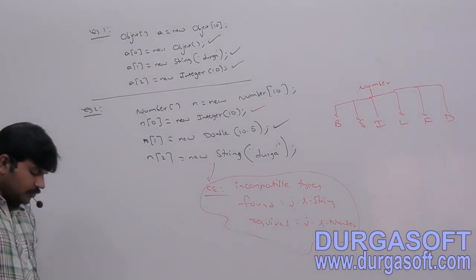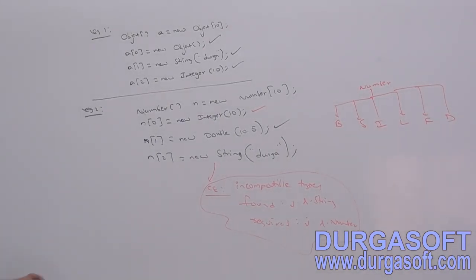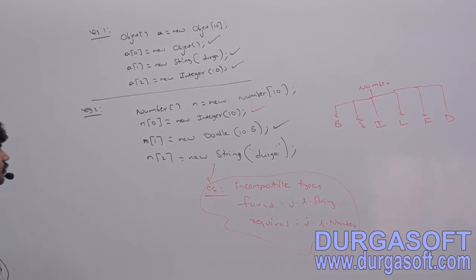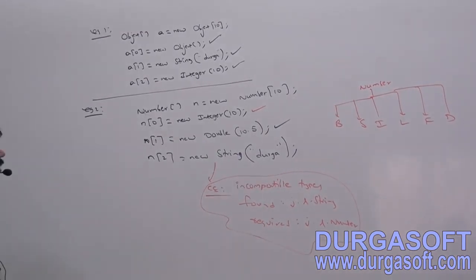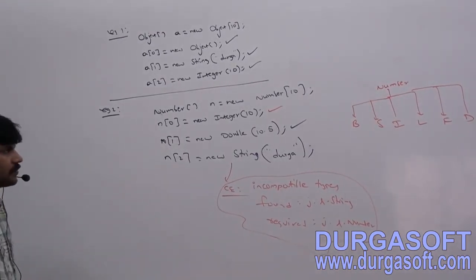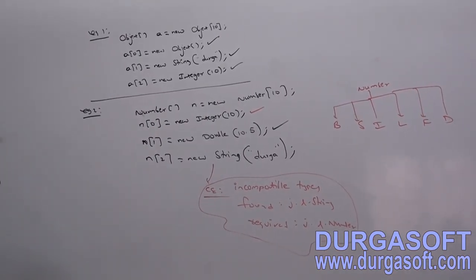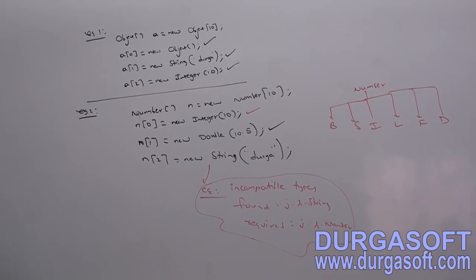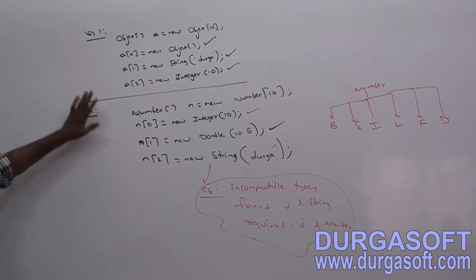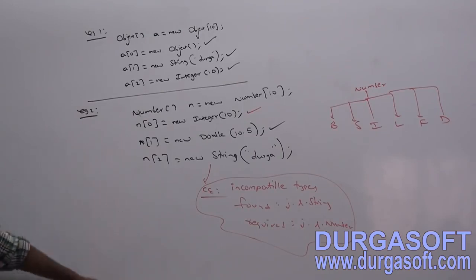A of 0 is equal to new object. A of 1 is equal to new string of Durga. A of 2 is equal to new integer of 10. Example 1 completed.